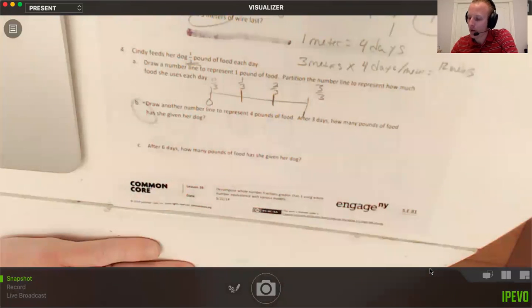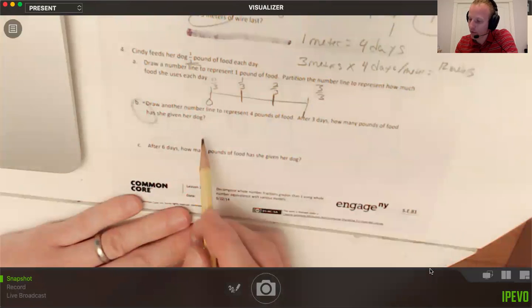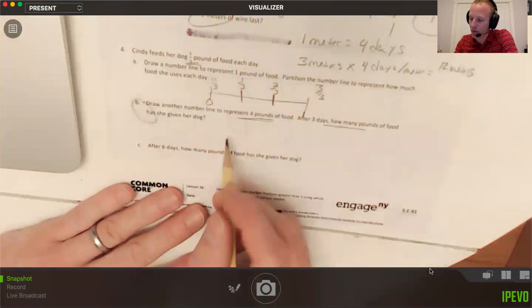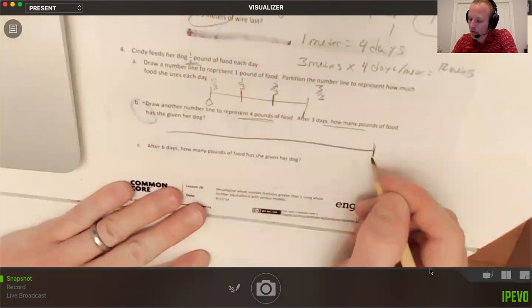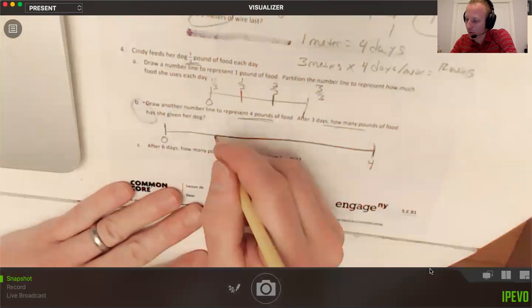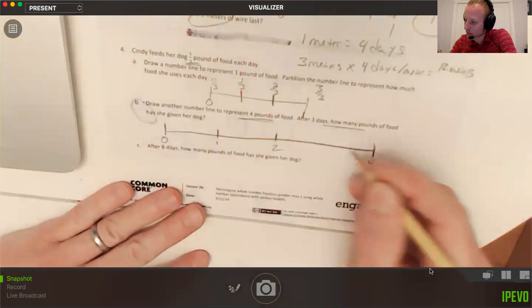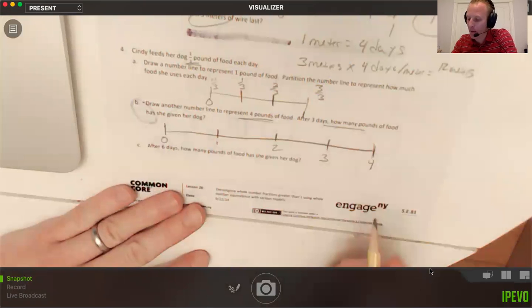Draw another number line to represent 4 pounds of food. After 3 days, how many pounds of food has she given her dog? That's two different parts of this problem. So I'm going to draw a number line, 0 to 4. And I'm going to label the holes in here. So 1, 2, 3, and 4. Those are my whole pounds there.